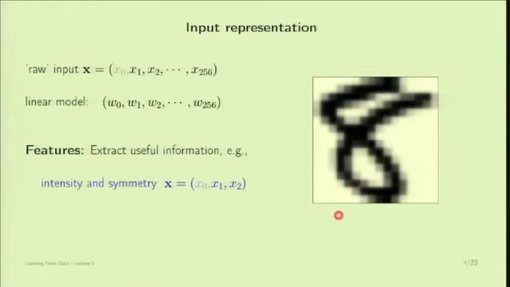And if something is not symmetric, let's say like the 5, you will get lots of values in the symmetric difference, and you will get a high value for that. So what you are measuring is the anti-symmetry. You take the negative of that, and you get the symmetry. So you get another feature, which is the symmetry. So now x1 is the intensity variable, x2 is the symmetry variable, okay?